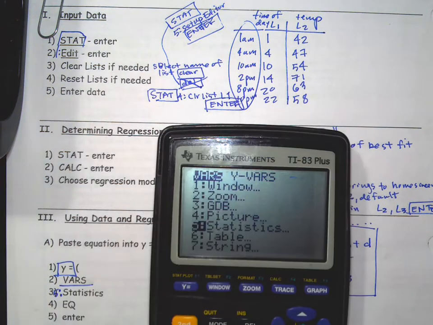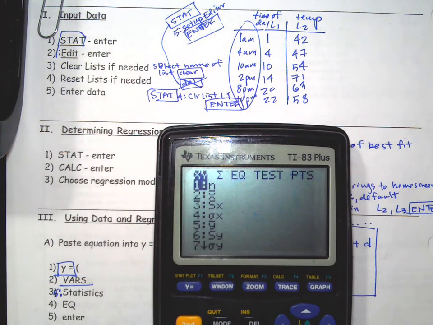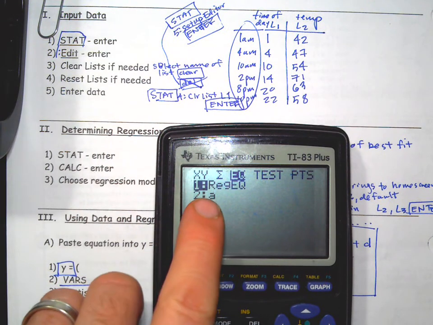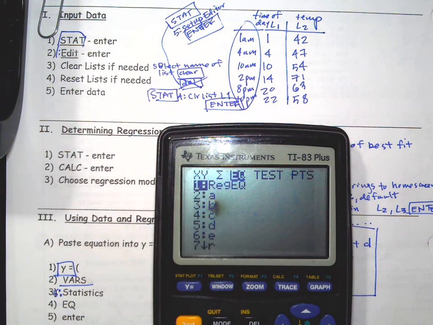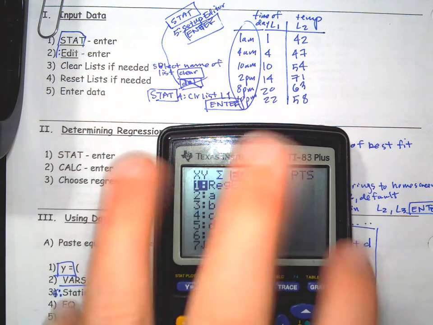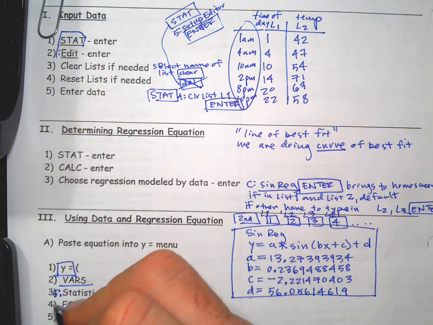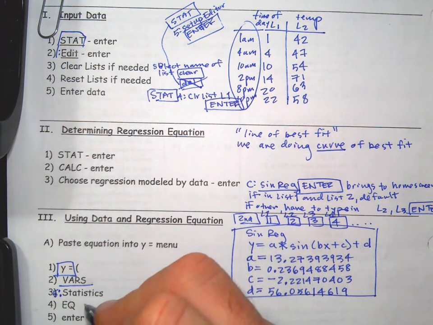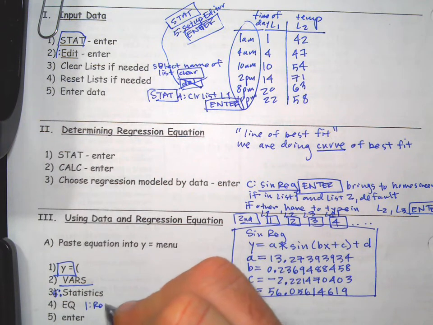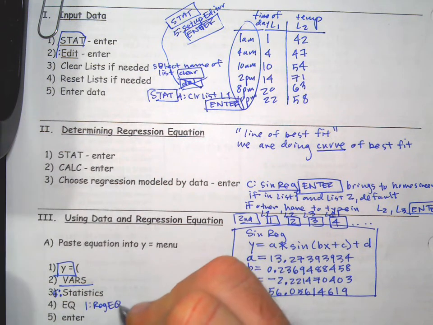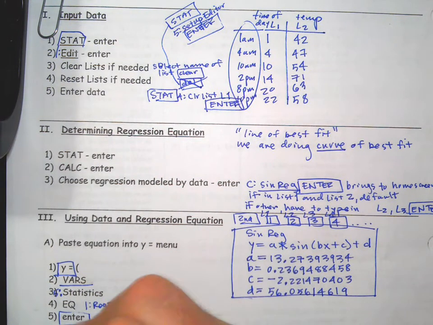So if you go to Statistics, then you're going to go over to EQ because we just came up with this equation from statistics, and then we're going to pick option 1, RegEQ, regression equation. After you've created the regression equation, it's stored in the memory, and this will access the last regression equation that was calculated. Okay, and then you're going to hit enter.